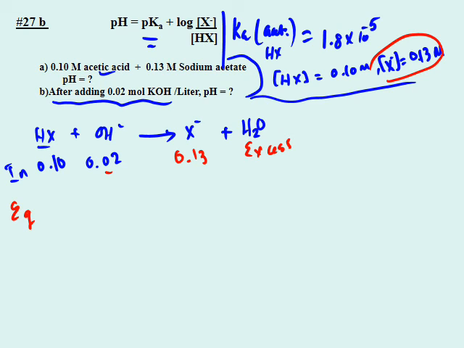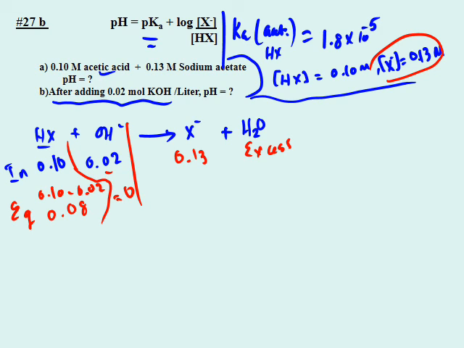So at equilibrium, when you allow OH minus to react, 0.02 molar OH minus is going to react with HX. And how much will be left over? So 0.10 minus 0.02. That's going to be the leftover of acetic acid or HX, which is 0.08. So 0.08 is the new concentration of HX. OH minus will be completely gone, so it'll be 0 for OH minus.